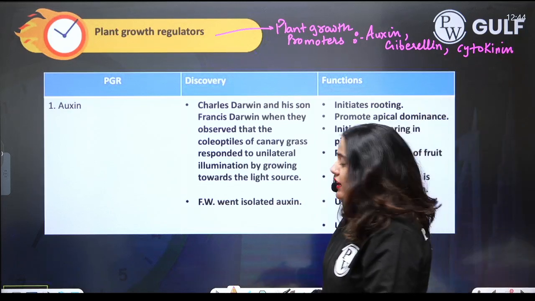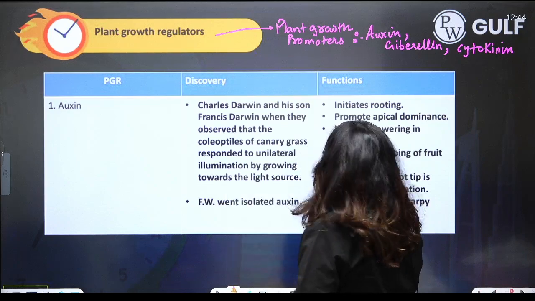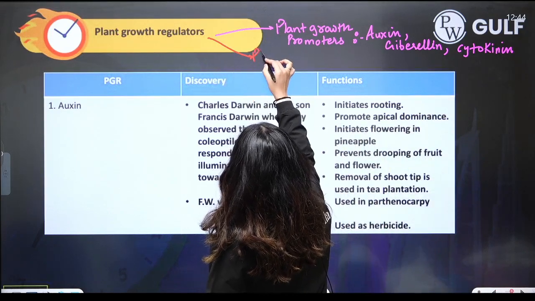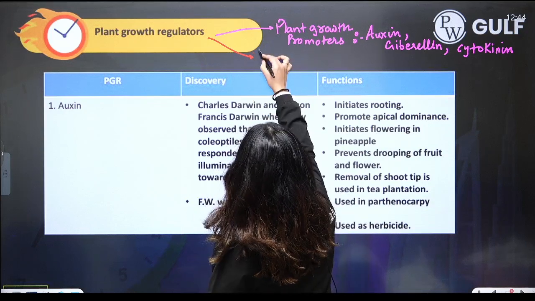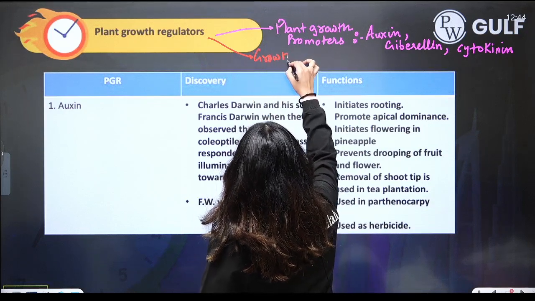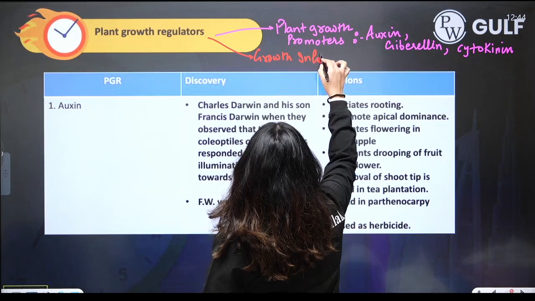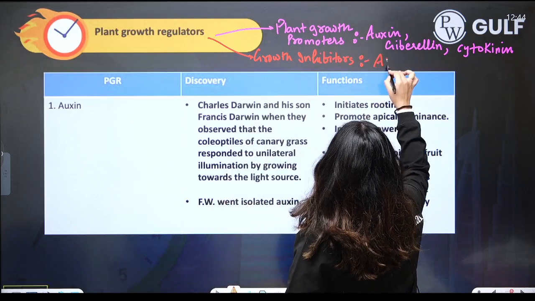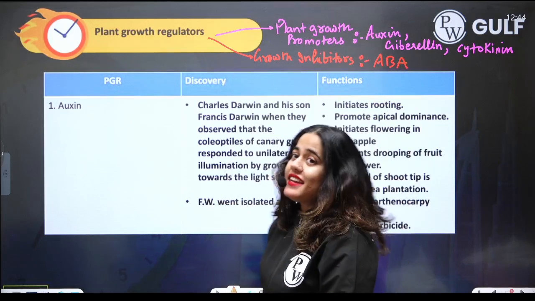So these three plant growth regulators are basically promoting the growth, whereas growth inhibitors are abscisic acid, right? It inhibits the growth.